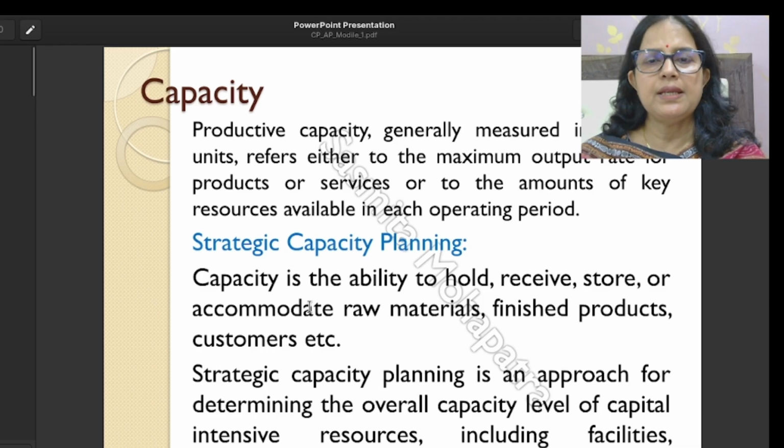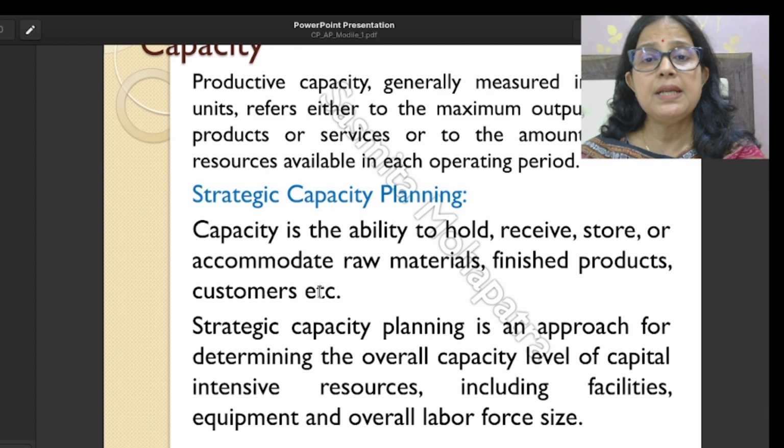Strategic capacity planning. Why do we say strategic capacity planning? Strategic capacity planning means it's a long-term capacity planning. When we plan for 5 years, 10 years, beyond 10 years, then that is called strategic capacity planning.